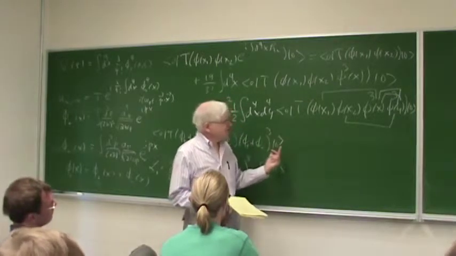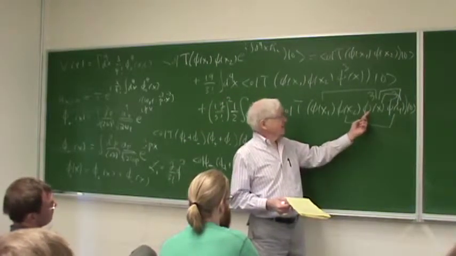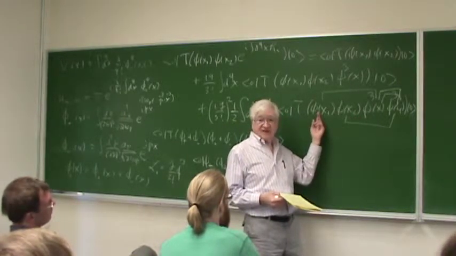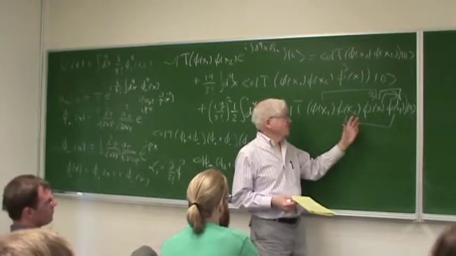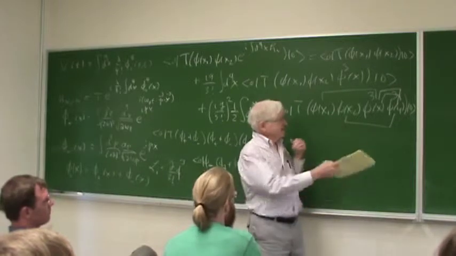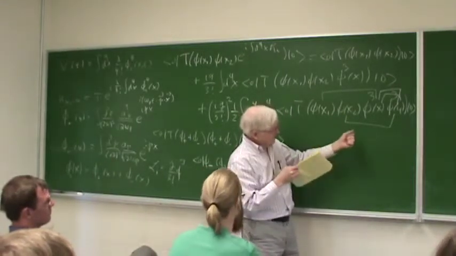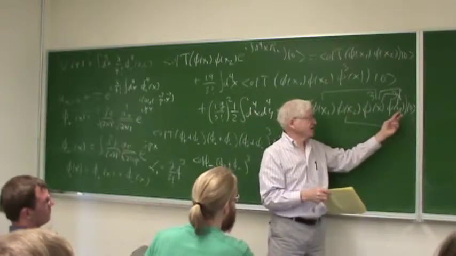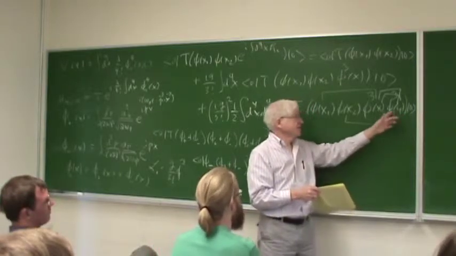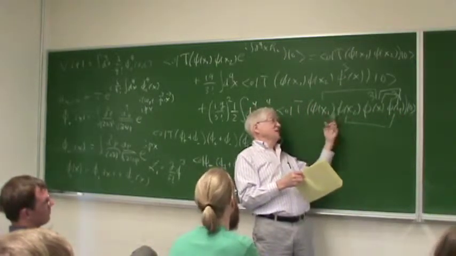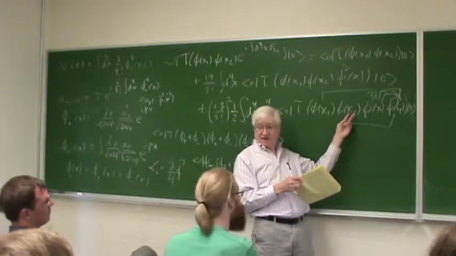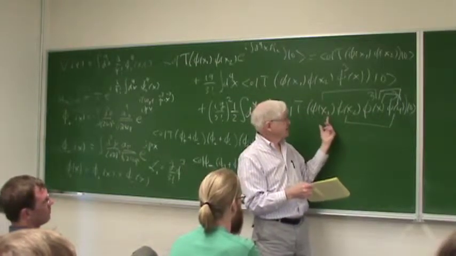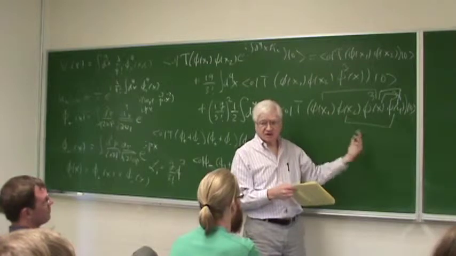In other words, the particle created by one of these phi x's is annihilated by the phi of x1, and because it's time ordered and you're integrating over various times, this thing happens. In one case, this guy annihilates the particle that phi of y created, and phi of y is annihilating the particle that phi of x2 created, and so forth. These things are just Feynman propagators, and the pairing of them like this is called contraction.